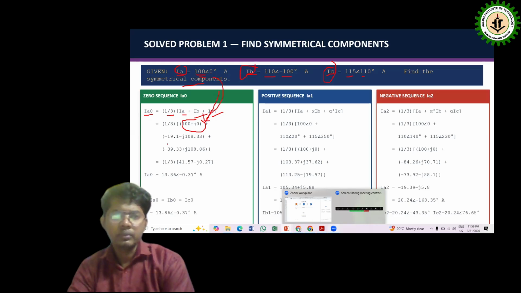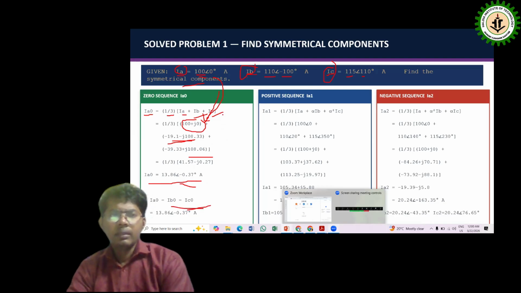In the same way, the IB value is 110 at an angle minus 100 degree, converted from polar to rectangular. Same way, put the value of IC. After solving this, IA0 equal to 13.86 at an angle minus 0.37 degree. So this is the IA0 value. IB0 and IC0 will also be the same, because the zero sequence components are all equal. So all the values will be the same.